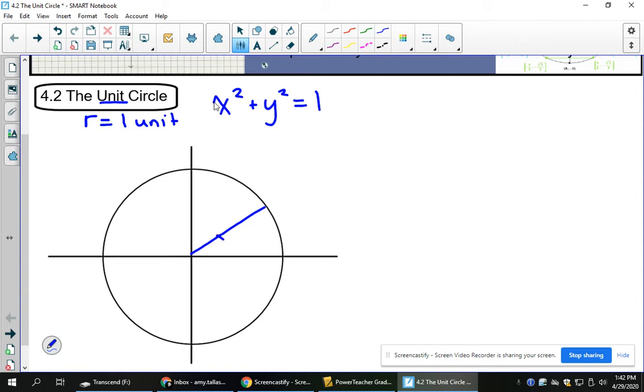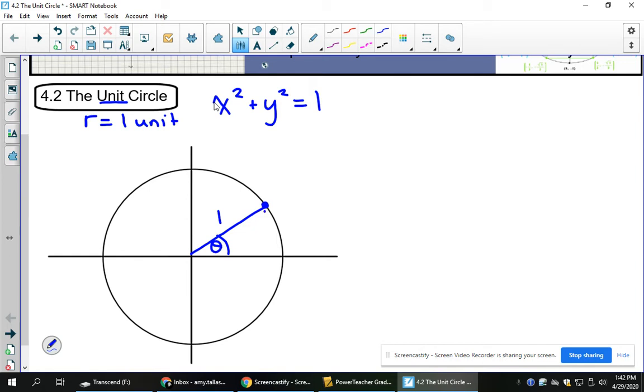We say that we've got some angle theta that we're working with, and then the unit circle is just the circle created by this point that would be anywhere along the outside of a circle. If I swung this blue line around, it would create this circle. Now, being that it's the unit circle, the radius is 1.